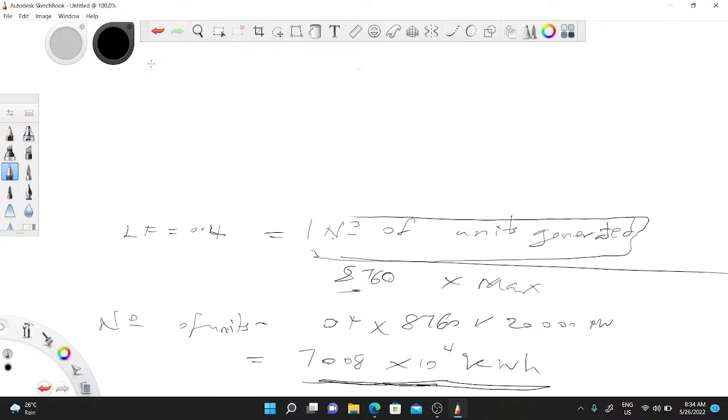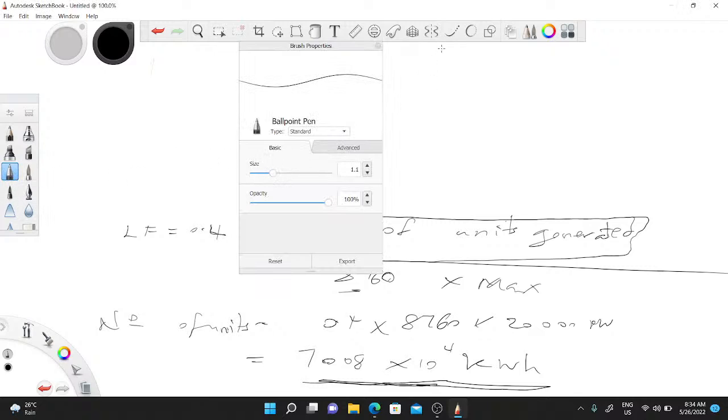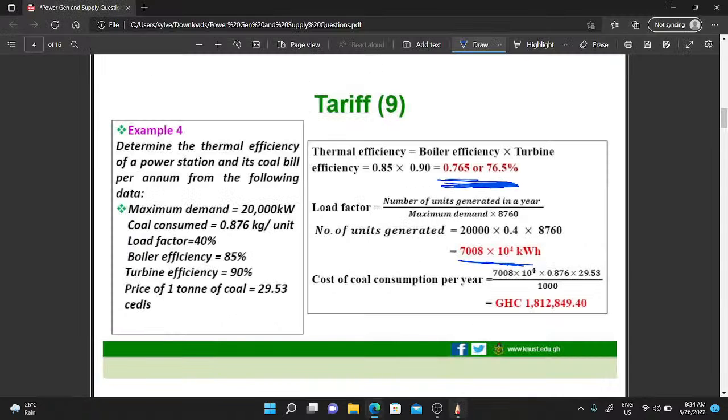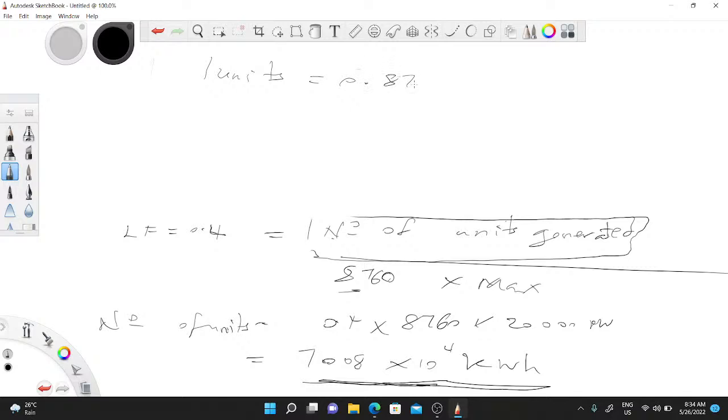Now I can say that if 1 unit is equal to 0.876 kilogram, then this number of units is giving me how many kilograms, let's say X. So I can find this by multiplying this and this.